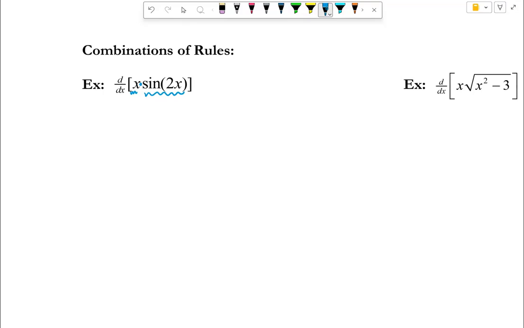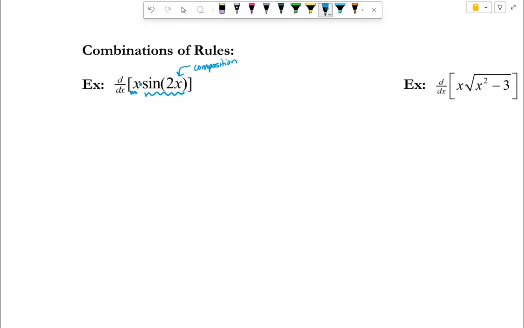But when I look at the two pieces that I'm using the product rule on, I'm also going to notice that the sine of 2x is a composition, because it's not just the sine of x, but it's the sine of 2x. So we have to use the chain rule inside of the product rule. We have to just think of these simultaneously.